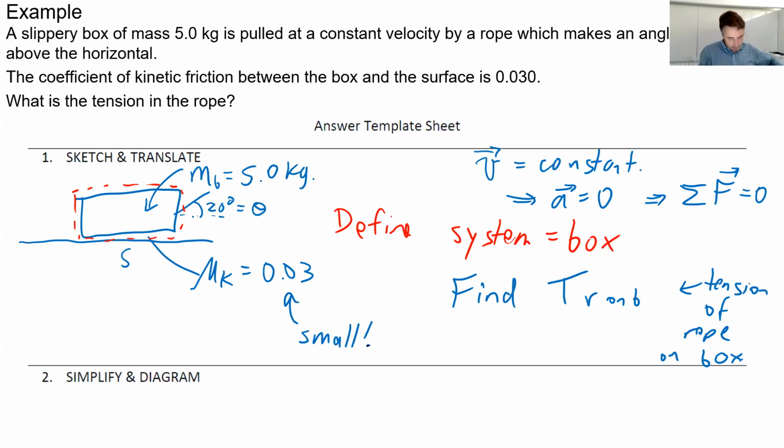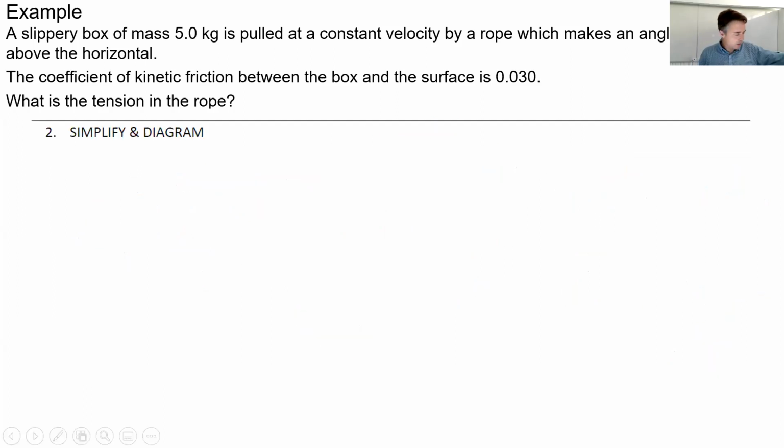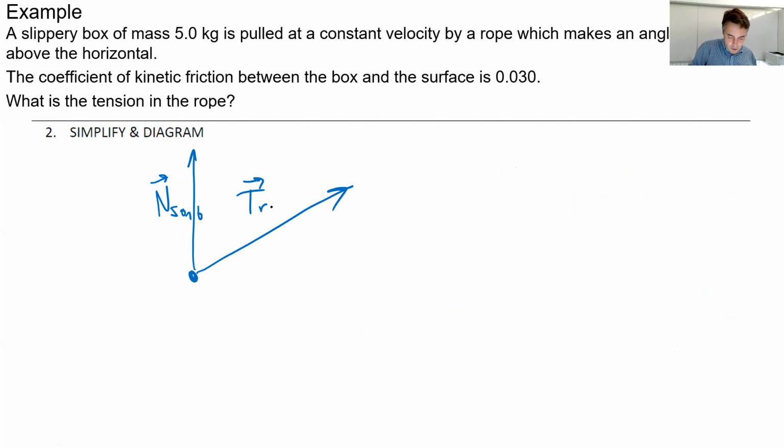I can't really scroll on this PowerPoint, but I can do this one. So I'm going to draw it. I'm going to have the normal force of S on B going upwards. I've got the tension force of the rope on B going up, and there's a little angle here. There's your theta.